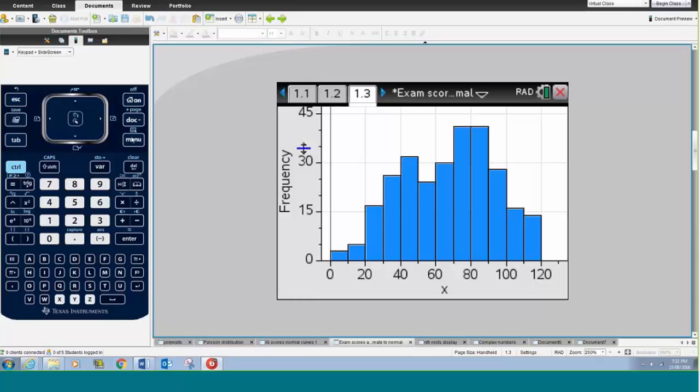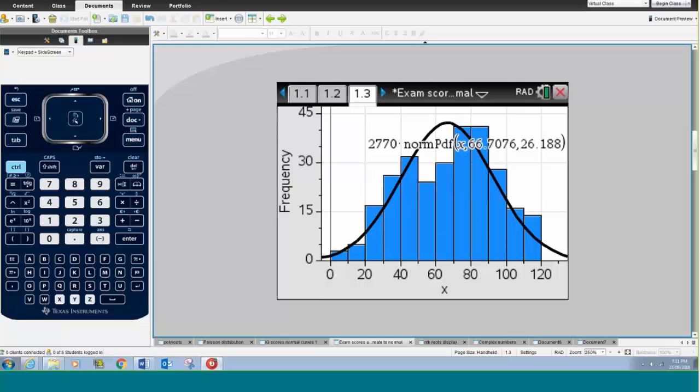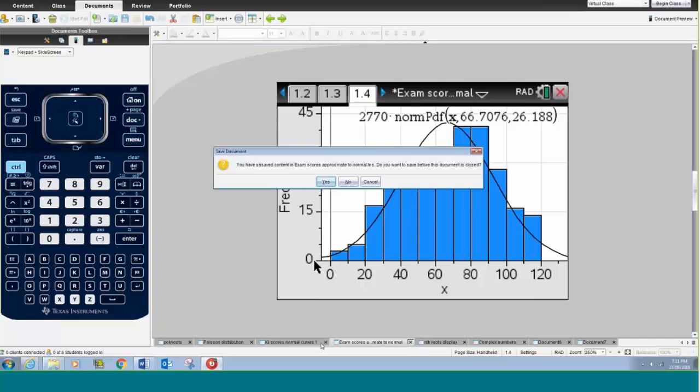And then we have the option here to show the normal PDF curve. So what the calculator is doing, it's actually calculating the mean and standard deviation of the values as in the spreadsheet, and then it is trying to fit the normal curve here. And so that's how we can introduce the normal distribution.